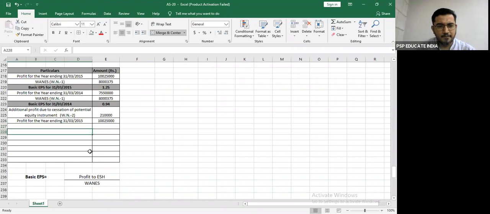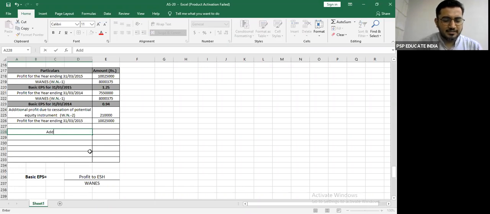Let's calculate additional number of shares due to cessation of potential equity instrument.